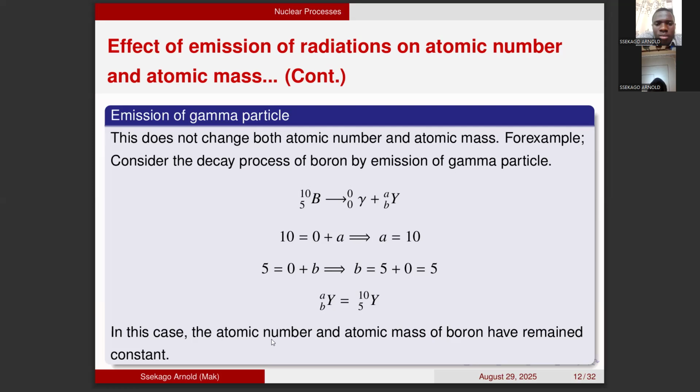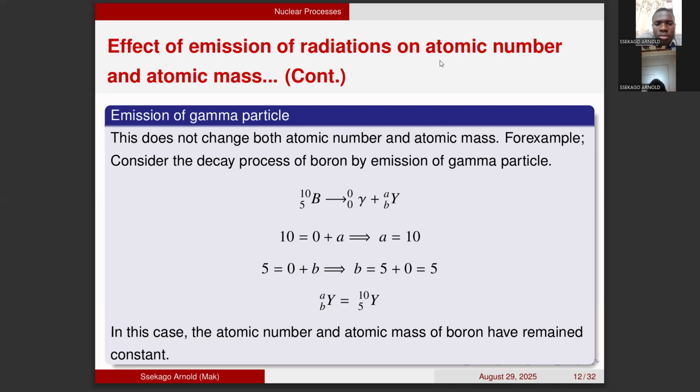So in this case, the atomic number and atomic mass of boron have remained constant. So if a radioactive element emits a gamma particle, its atomic number and atomic mass do not change.